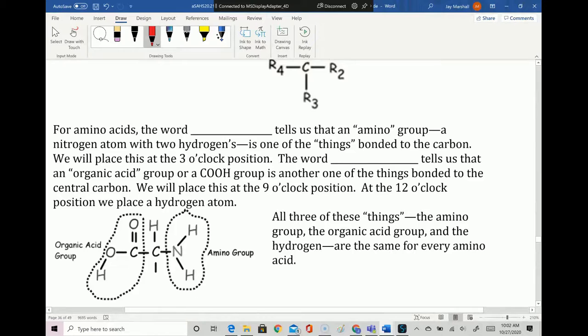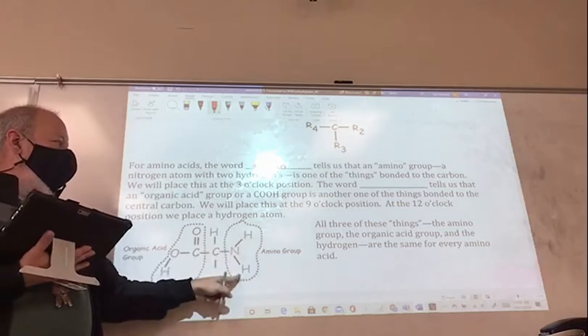So for amino acids, again, the word amino tells us that an amino group, that's this right here, a nitrogen with 2 hydrogens, is one of the things bonded to the carbon. And we'll put that at the 3 o'clock position.